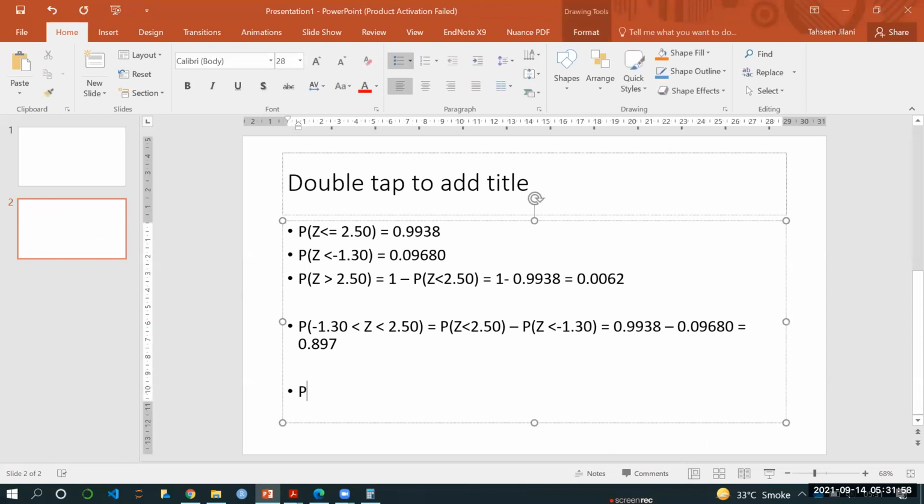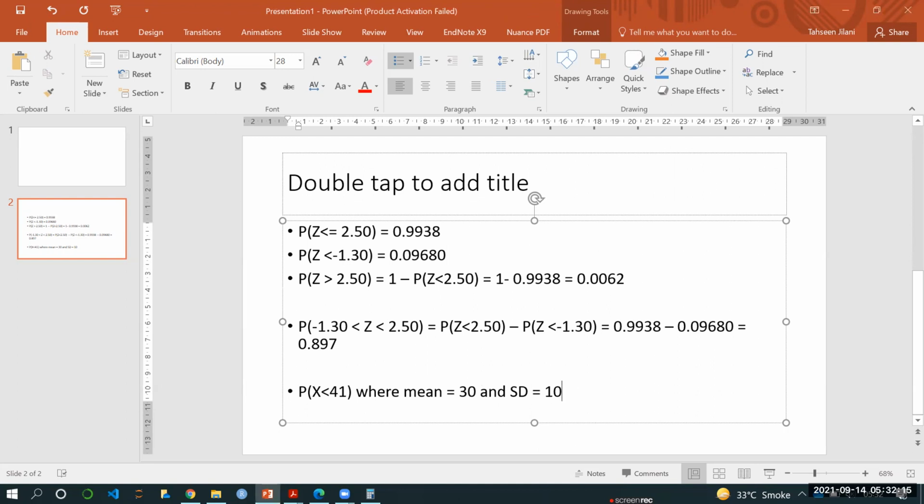But suppose you want to find the probability of X less than 41, where the mean is equal to 30 and the standard deviation is equal to, suppose, 10. Suppose we have a question where we want to find probability not by the Z table but by X values. What do we have to do?